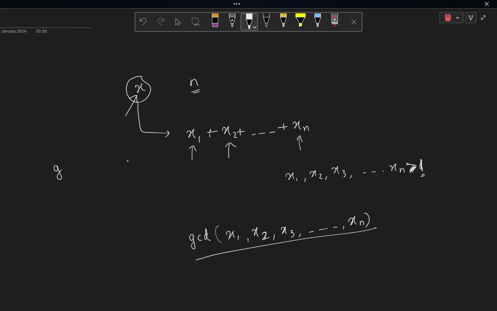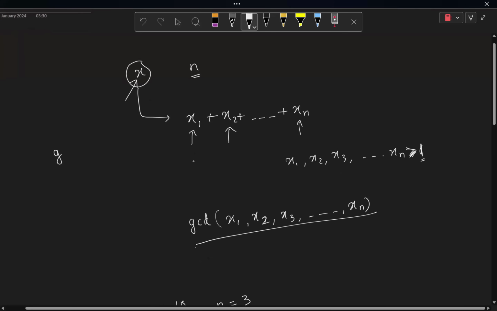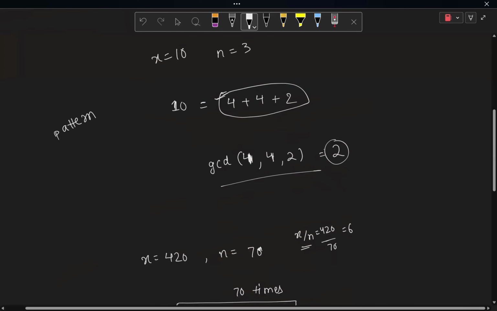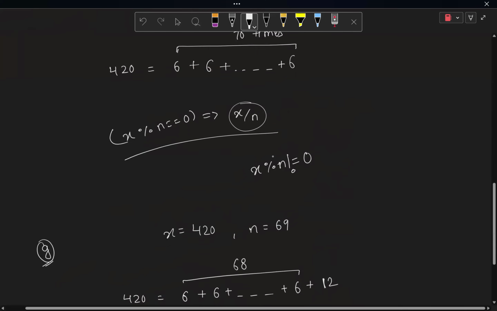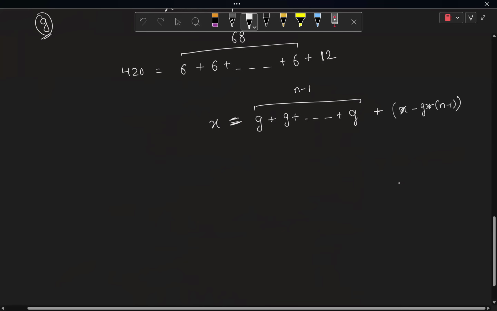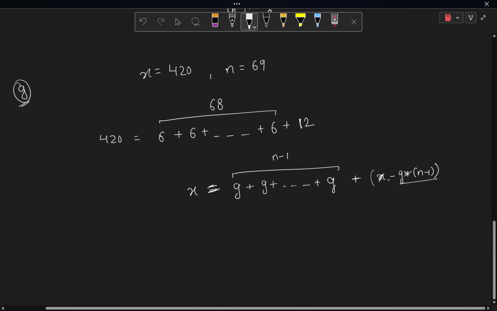This is just a claim. You should think of such observations as well. It might help, it might not help at some places, but you should at least think about this thing. So let's keep that thing in our mind for now. So you know that x minus this part should also be a multiple of g.